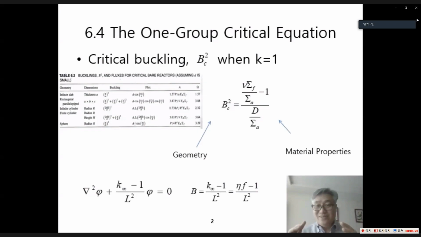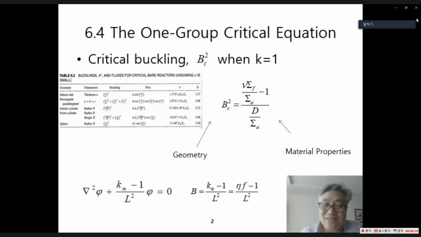So this is firstly very important, and the concept is quite meaningful. And also, one very important thing to you, not to me, is that it is quite easy to make a problem utilizing this equation. So, for example, when I give you the material property and I ask you to determine the size of the reactor, the problem is quite straightforward.